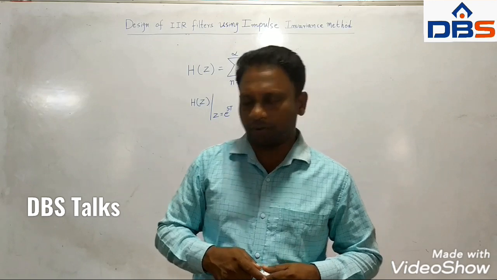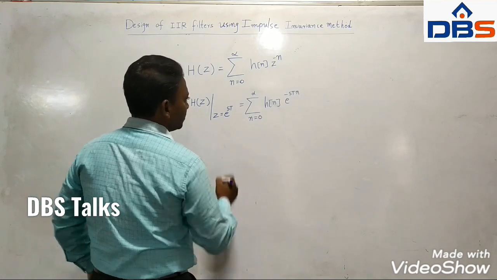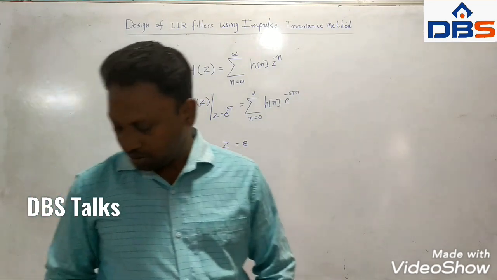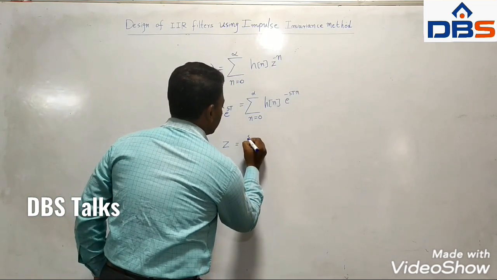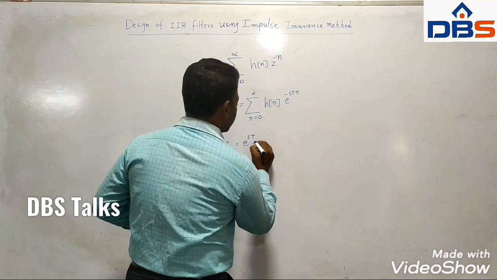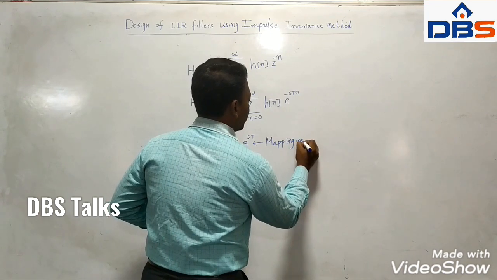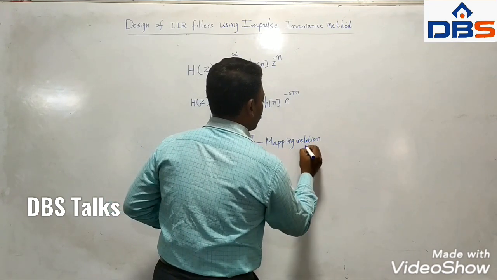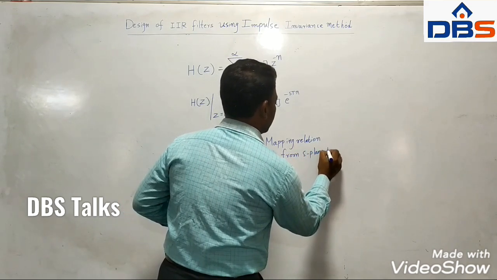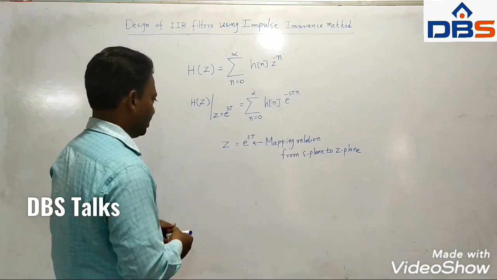To map the variable from the S domain to the Z domain, the relation is z equal to e power st. This is the mapping relation from the S plane to the Z plane.